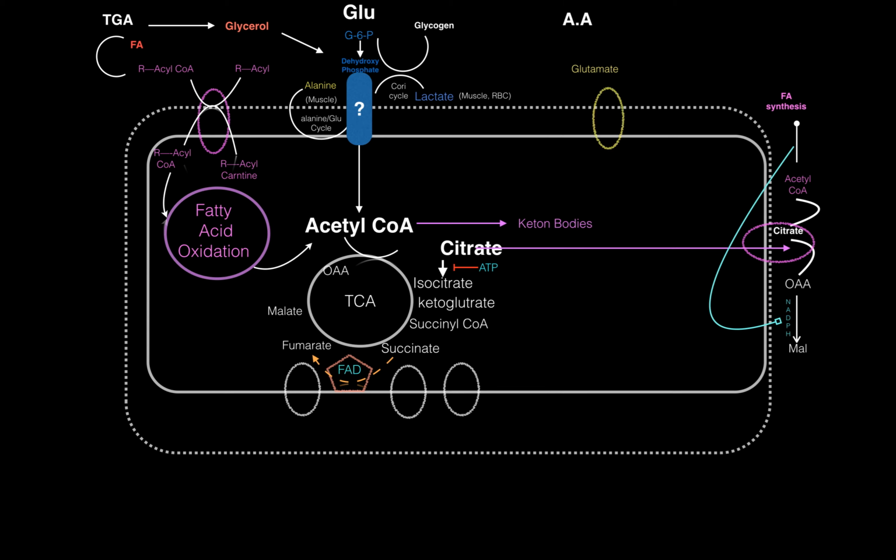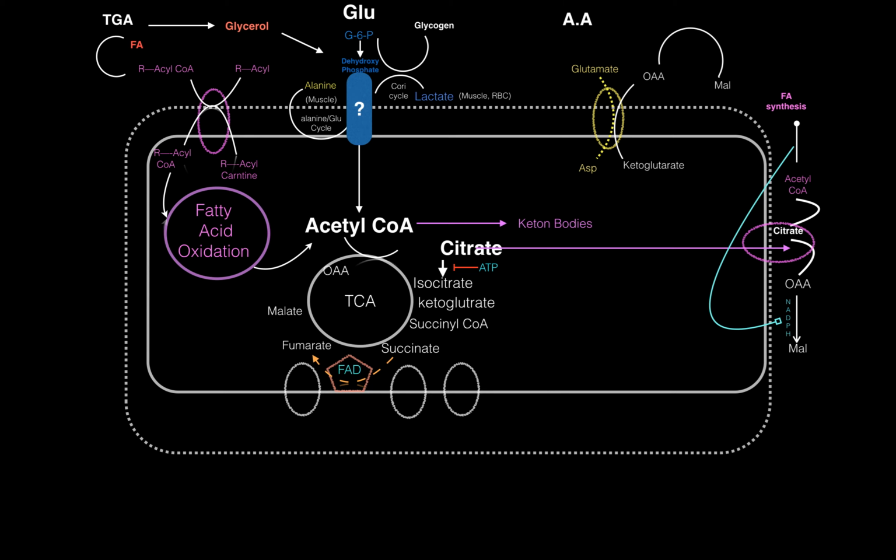Okay, another source of energy, as you can see, we start to talk about amino acids. Mainly, amino acids will be shuttled into mitochondria in the form of glutamate, okay, that will be converted to aspartate. And in this process of transamination, we form the keto acid of aspartate, which is oxaloacetate, and the keto acid of glutamate, which is ketoglutarate.